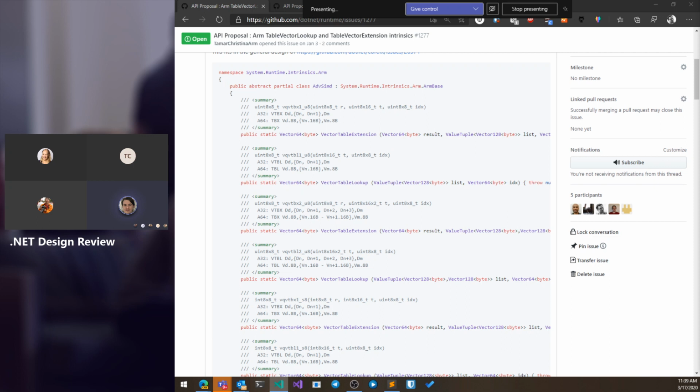Okay, so that means every overload here that is taking a tuple with 2, 3, or 4 elements, right? Yeah, and I think in either case, whether we do tuple or custom type, we'll just be taking in a Vector128 for the single element version. Okay, we don't think we're ready for the overloads.